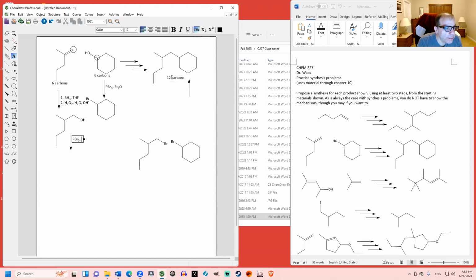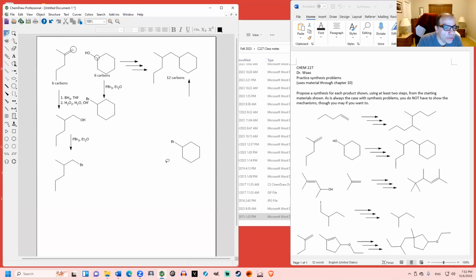Phosphorus tribromide and diethyl ether. And that gives us that bromide, which we needed. So now we have both bromides. And you can write it just like this. This is fine.